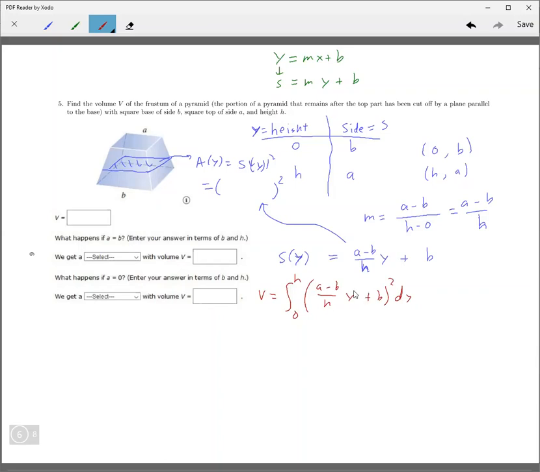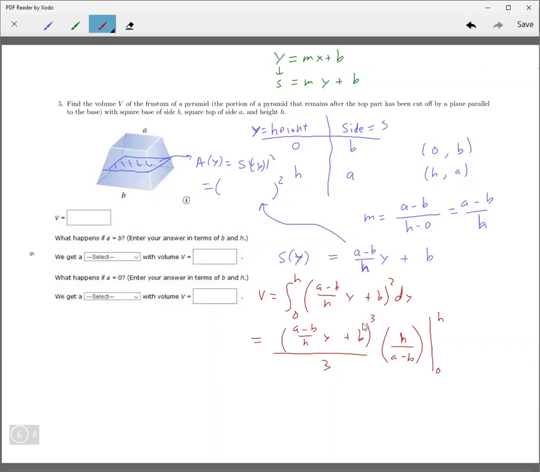Okay, now the only variable here is the y, so we can integrate it like this, and it's all divided by 3. And what is it? H over A minus B. So that would be the integral right there, and we're evaluating from 0 to H.